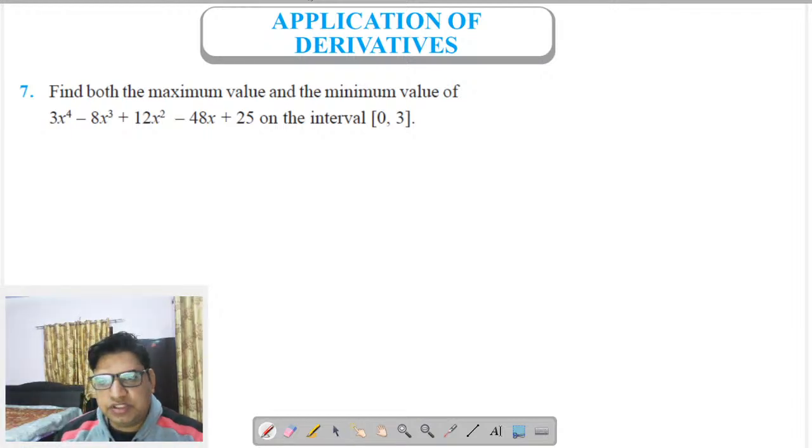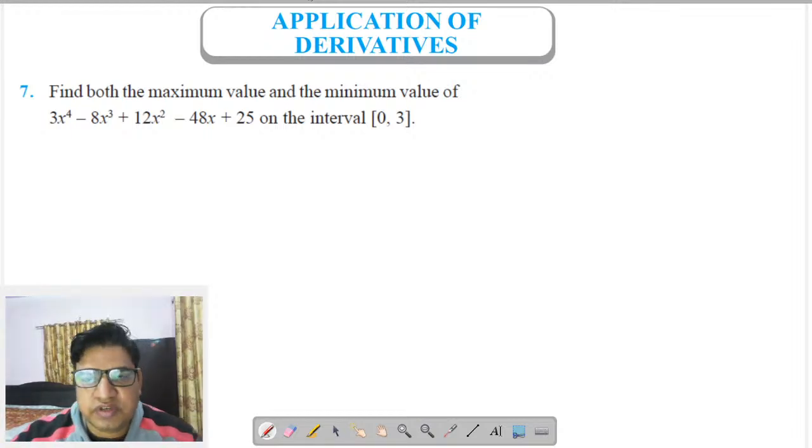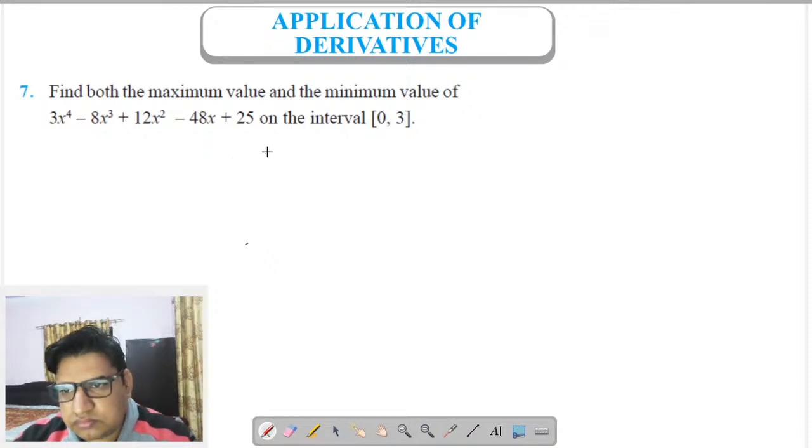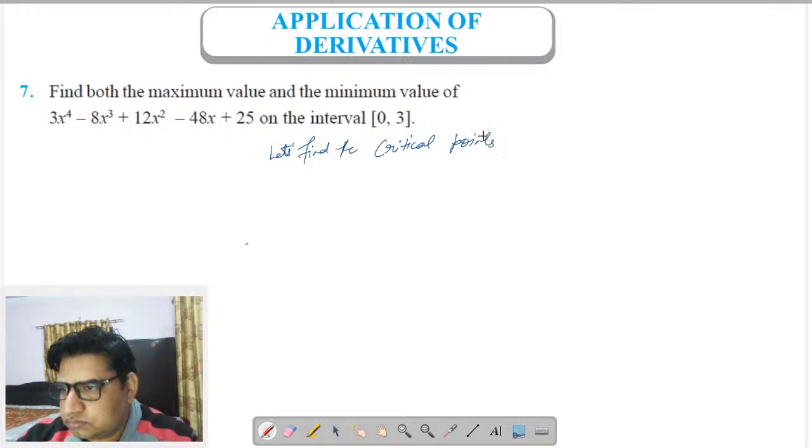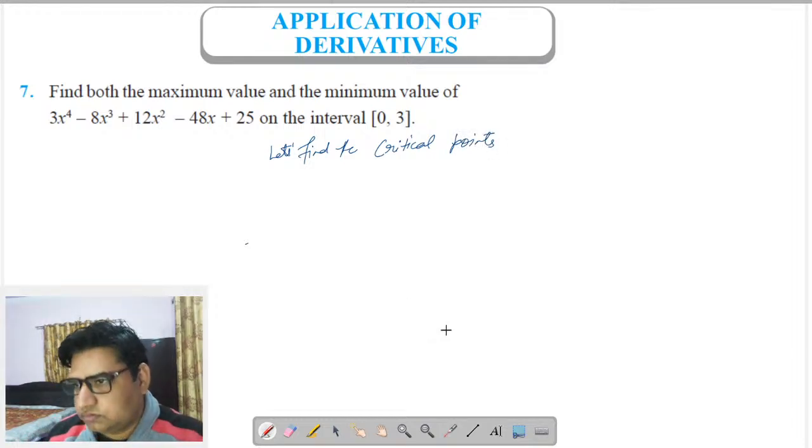So here what we try to do is to find the critical point. So let's find the critical point. Okay, so first of all we will find the critical point, where f dash x is equal to 0.